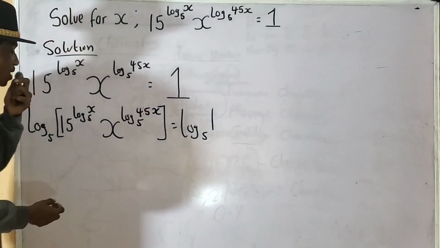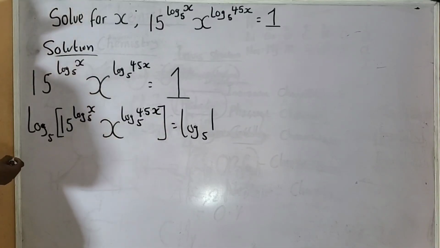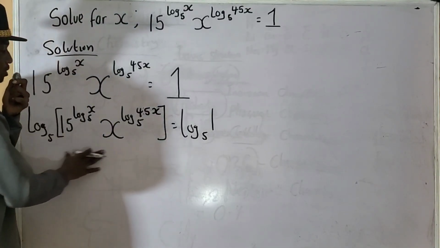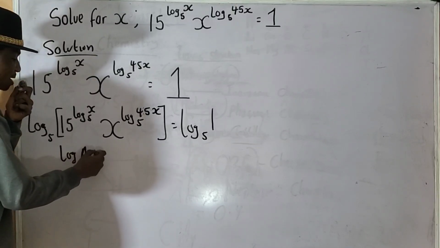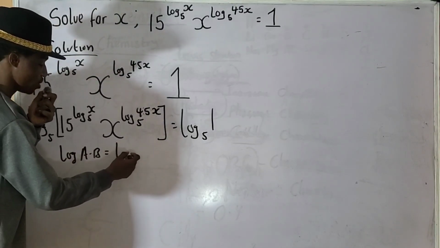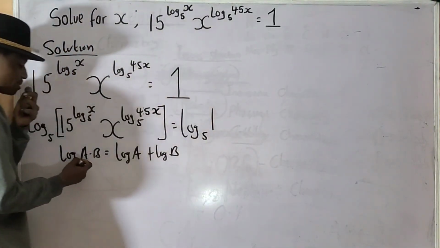Now, having logged both sides to base 5, the next step is to use the log of a product. According to this law, log a multiplied by b is equal to log a plus what? Log b. That is if the bases are the same.